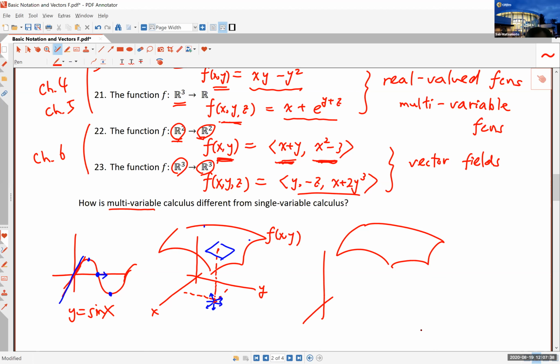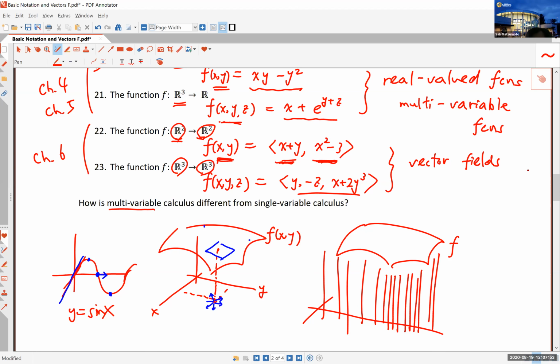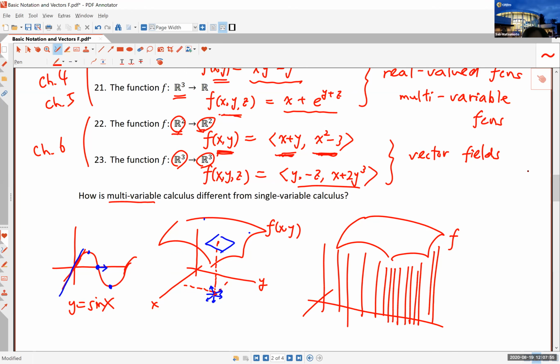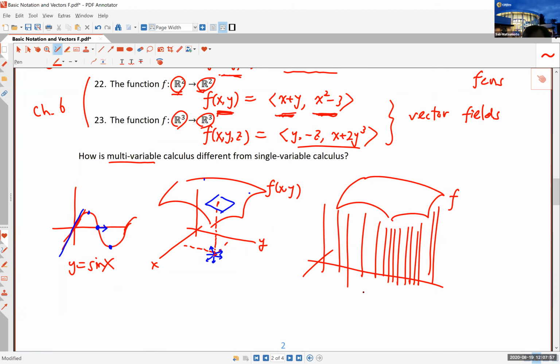So what happens if you have a multivariable function like this, and you want to find the volume under the surface? Well, clearly, this will be an integral, but this time it will be a double integral of f, which depends on x and y.